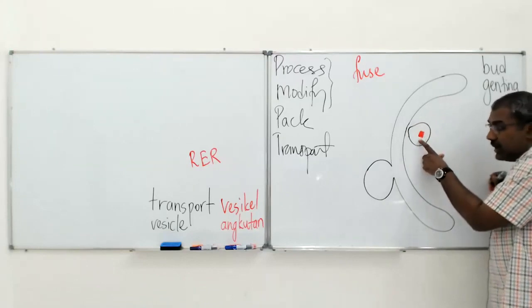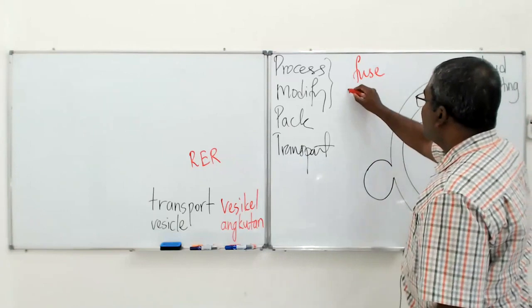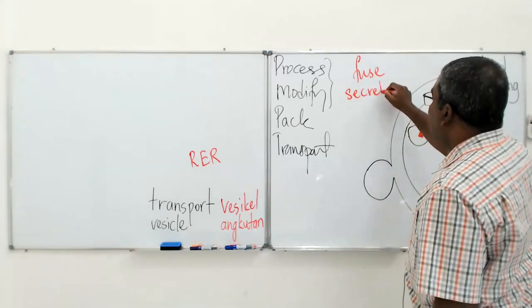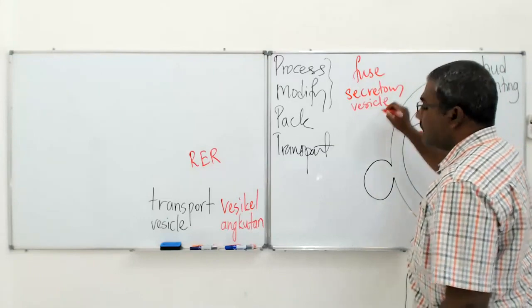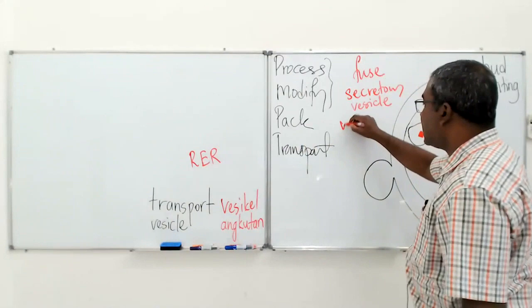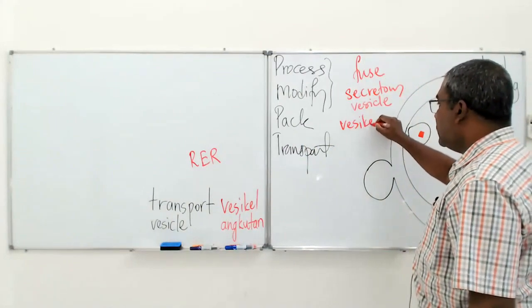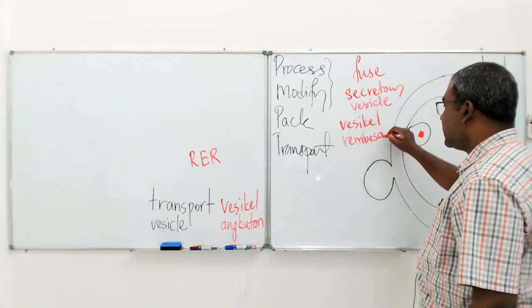Sekarang benda ini dipanggil sebagai secretory vesicle, ataupun dalam bahasa Melayu kita panggil sebagai vesicle rembesan.